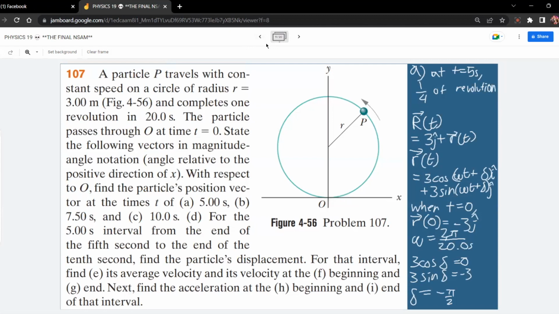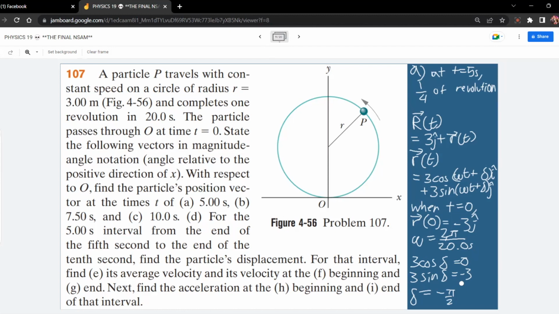So with respect to O, find the position vector at the times t equals 5, 7.5, and 10. Okay, for the 5-second interval from the end of the 5th second to the end of the 10th second, find the particle's displacement.